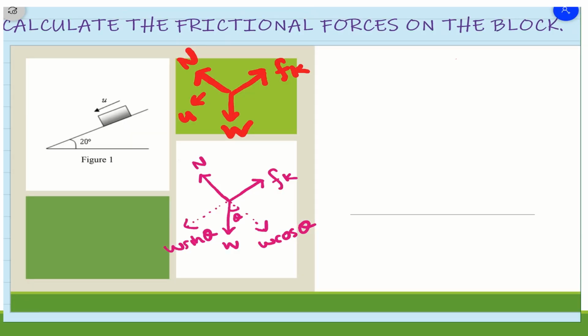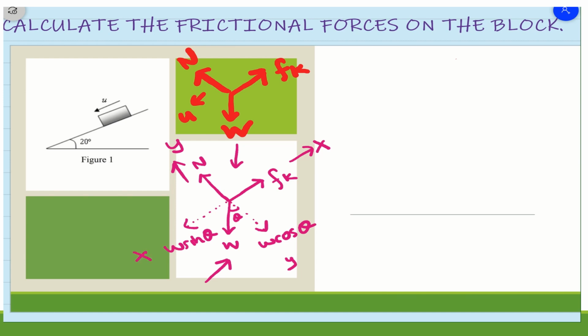Okay, the second question asks to calculate the frictional force on the block. After we draw the free body diagram, I transform W into this figure. As you can see, Fk and W sin theta are the X component, and N and W cos theta are the Y component, and W is between the Y and X components.